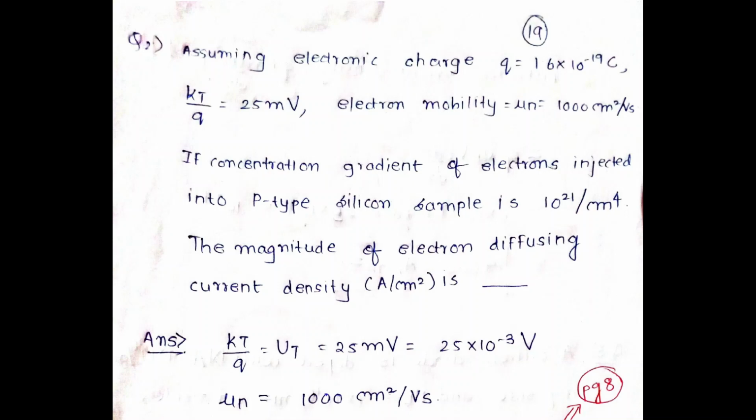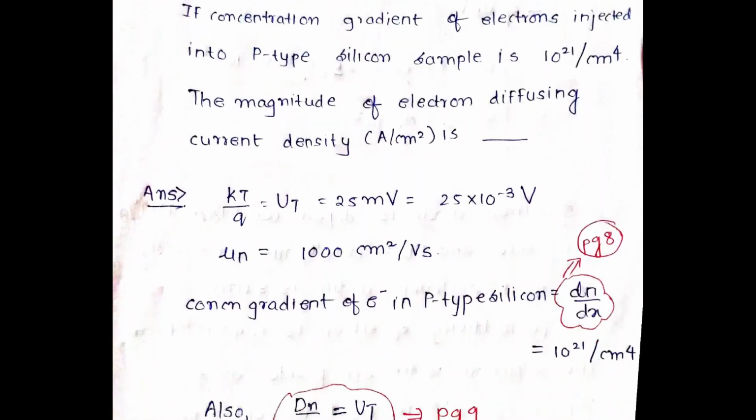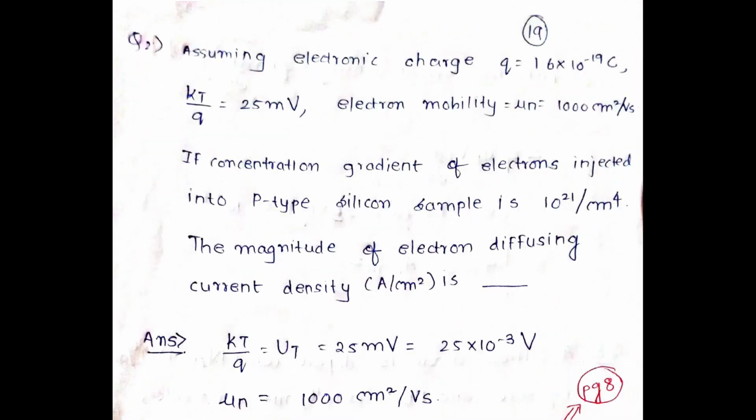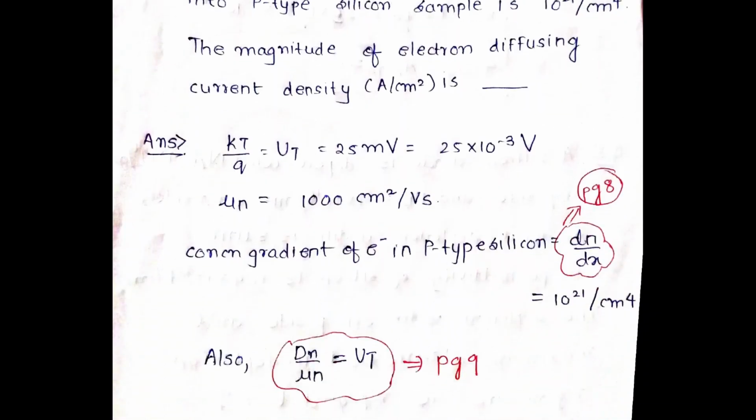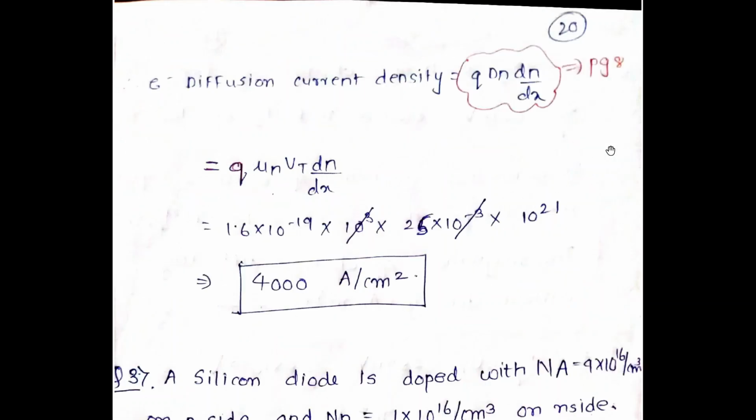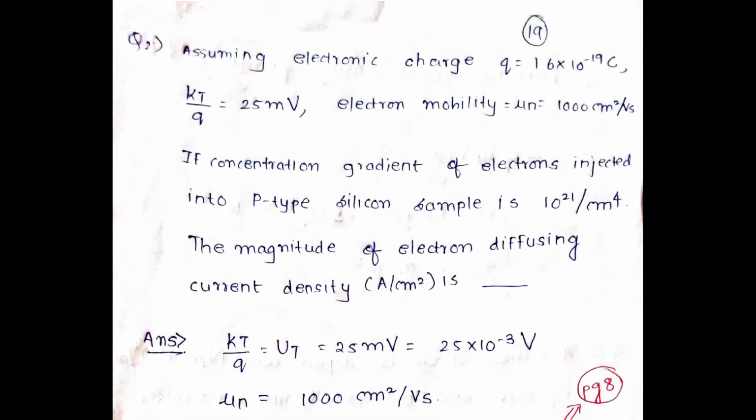So in these numericals we'll be using a number of formulas. All these formulas are explained in these notes, with page numbers, you can see it from there, but it's very important to know the formulas very well. In EDC, especially in PN junction kind of numericals, you should know the formulas very well.